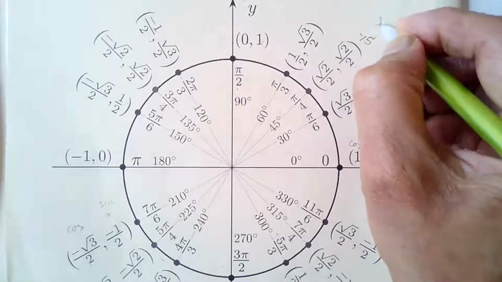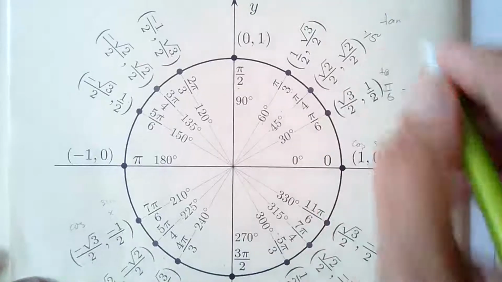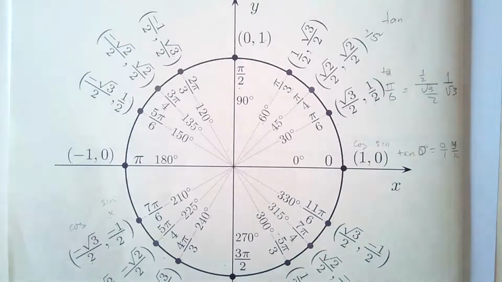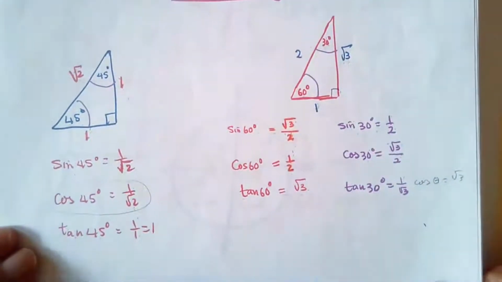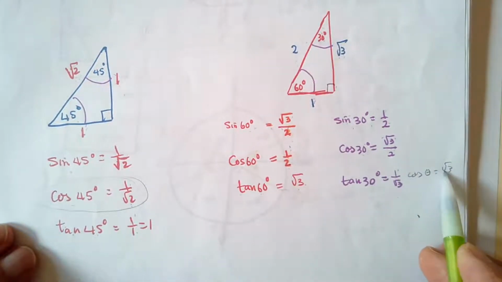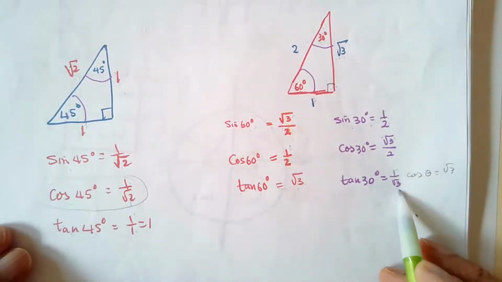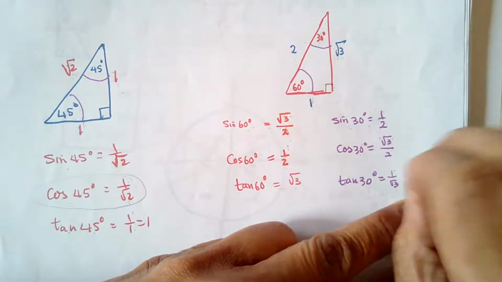So now tan of 45 degrees. Now, recall we did that earlier in our chart here. We have tan of 30 degrees is 1 over root 3. That should be there.